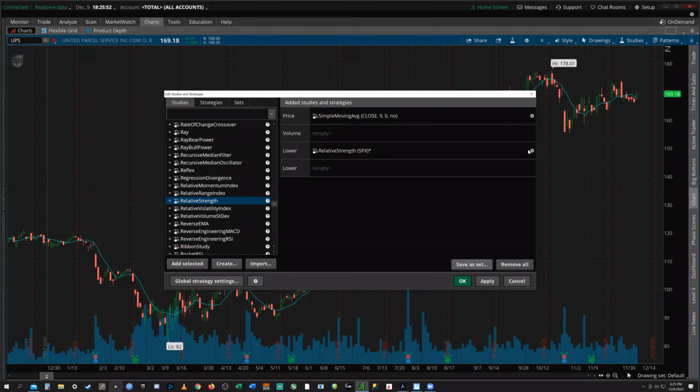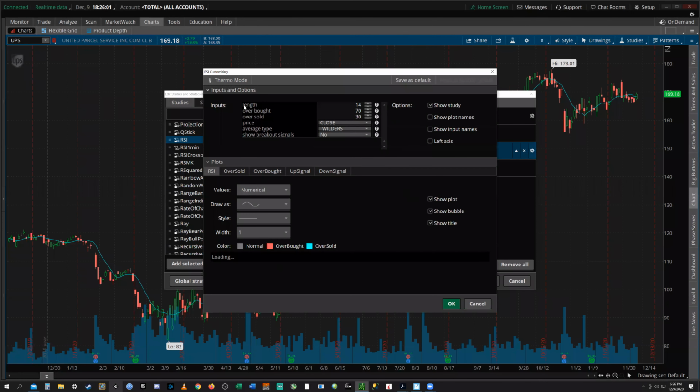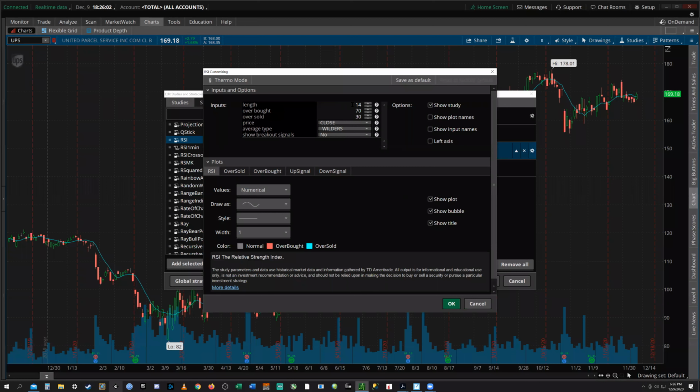Okay. So, still the same concept, your length. The default for RSI, or relative strength index, is 14. So if I have a day chart and I have 14 length, that's 14 days of data that it's analyzing from the previous. When it talks about price, it analyzes the closing price, and there's a whole bunch of different things.